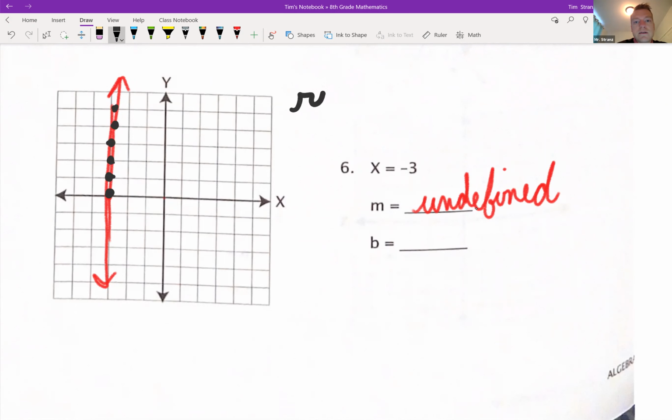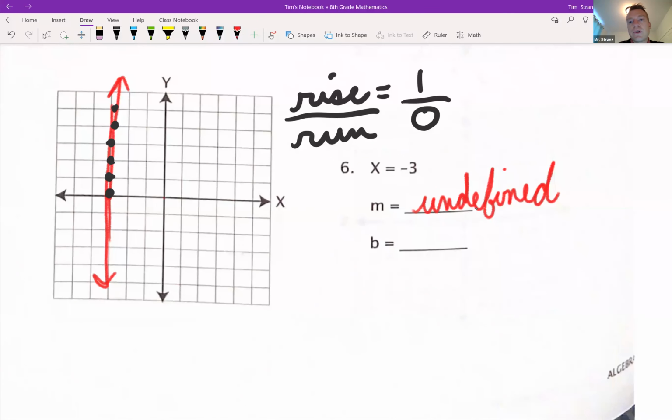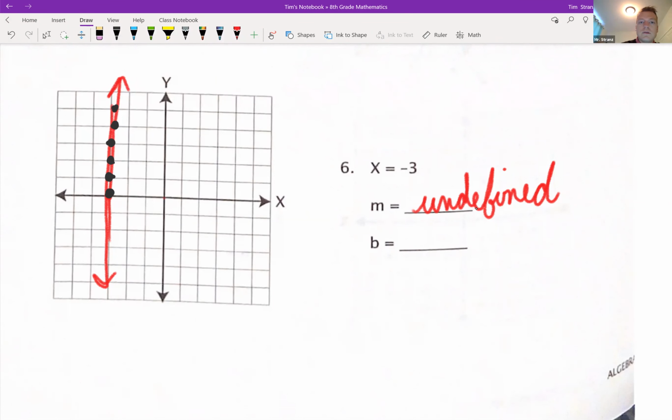Our rise would equal 1 because it's going up each time. Our run, though, it doesn't go left or right. So our run would be 0. You can't divide by 0, right? So it'd be undefined as a slope. Okay, our y-intercept, there is no y-intercept on this one because it does not cross the y-axis at any point. So you're going to say none.